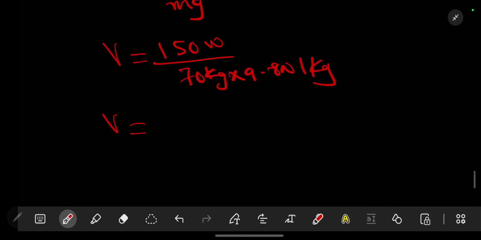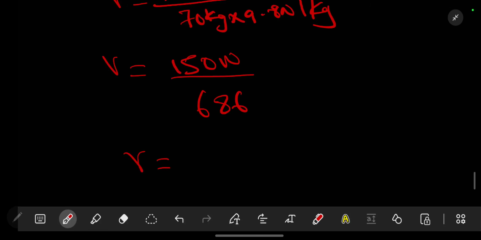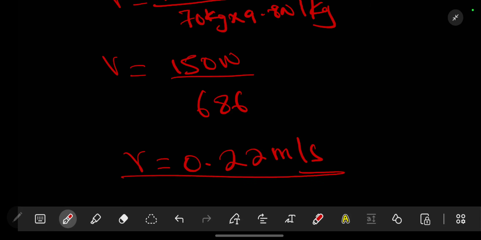So 150 watts over 70 times 9.8, we get 686. So our velocity will be equal to 150 divided by 686, which gives us 0.22 meters per second. So this is our velocity.